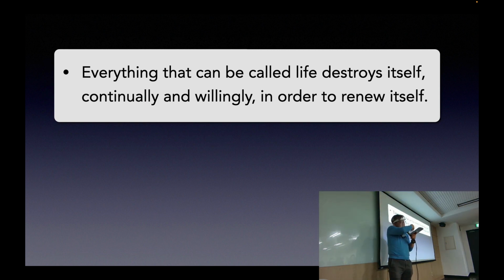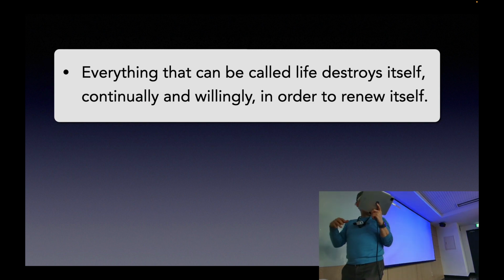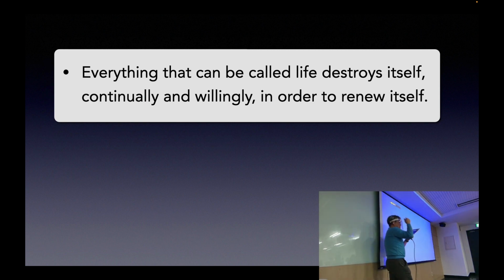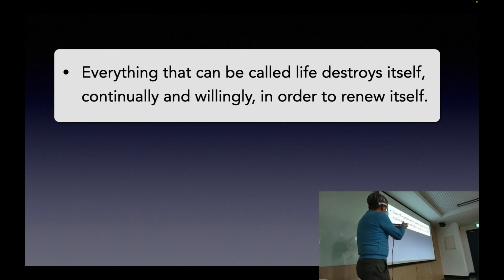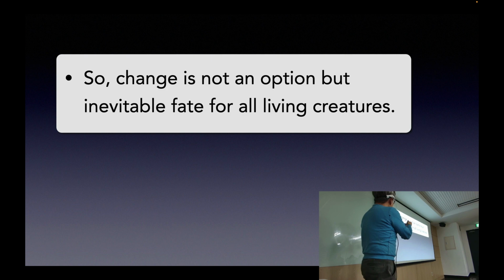In the case of insects, the feature of so-called metamorphosis is so obvious. But anyway, it's the same thing. The reason insects have such a drastic way of changing, which we call metamorphosis, is adaptation, another way of adapting themselves, because change is not an option.